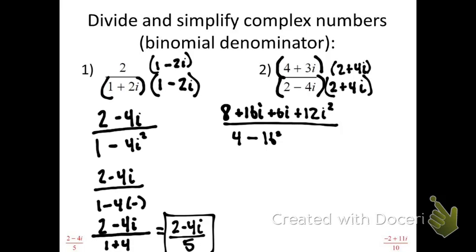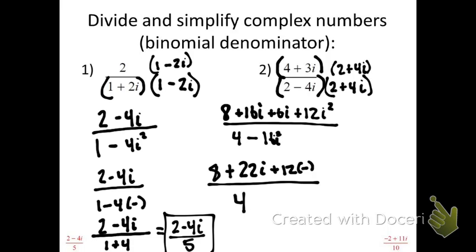Now we simplify the numerator. Combine like terms. 16i plus 6i is 22i. Bring down the plus 8 in front of it. Bring down the positive 12i squared, and i squared becomes a negative, over 4 minus 16i squared, times the negative sign.